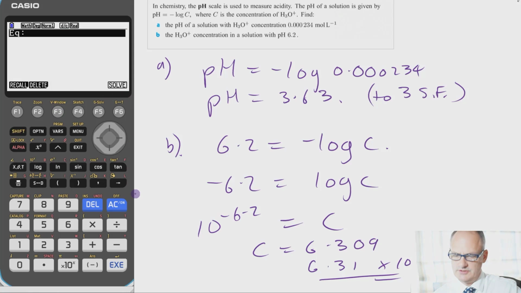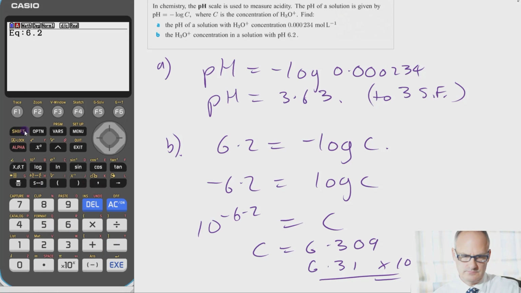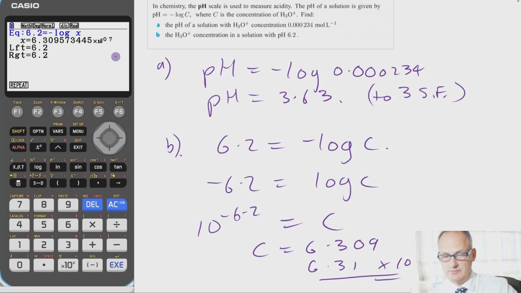I'm going to type in this equation here, 6.2 equals, F equals, and what we've got, minus log of X. Press execute, press solve, and we see we get 6.309 times 10 to the minus 7. So we can either do the algebra, or you can do it on the calculator using the equation solver. I know what most of you will plump for.